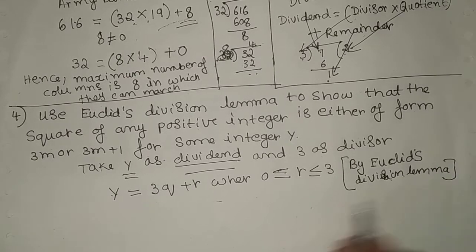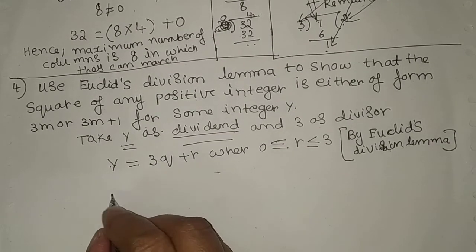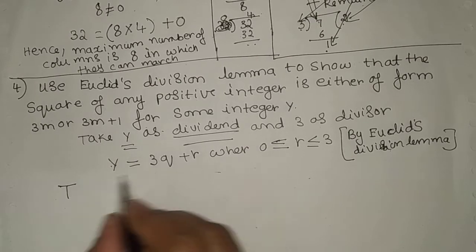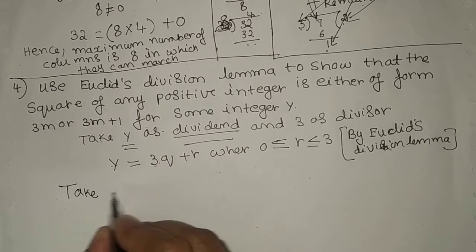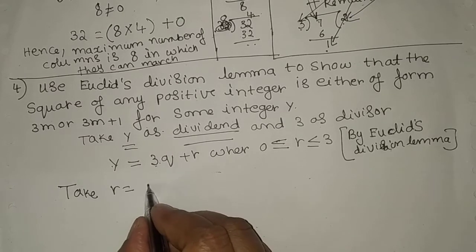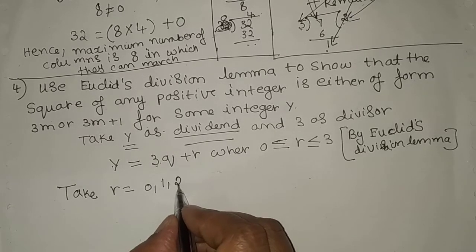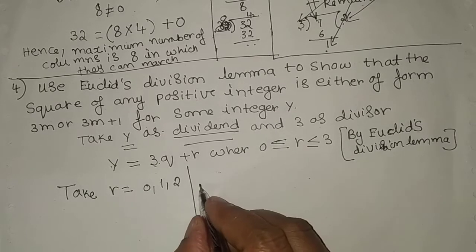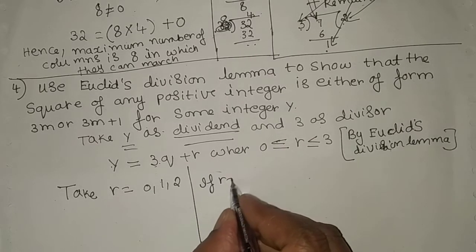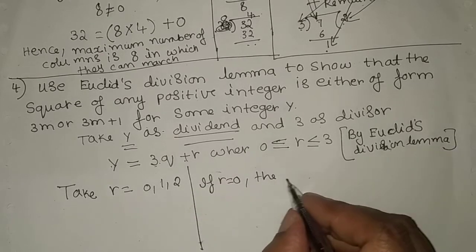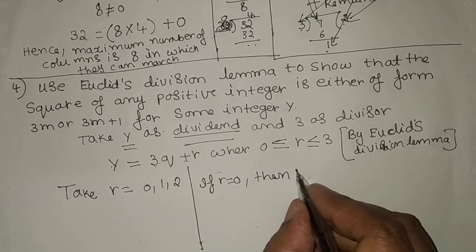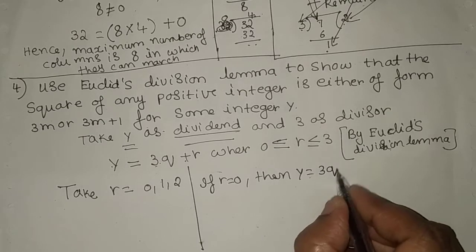So next is, when we have taken this one as 3, write in the next step, r is equal to 0, 1, 2. After taking this, if r is equal to 0, then substitute r here, then y is equal to 3q.